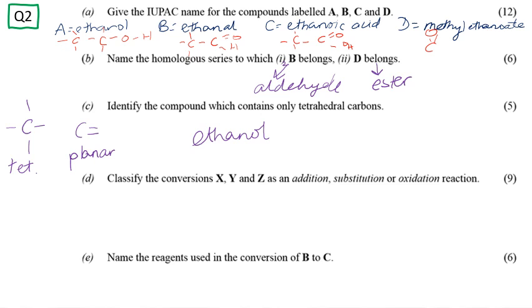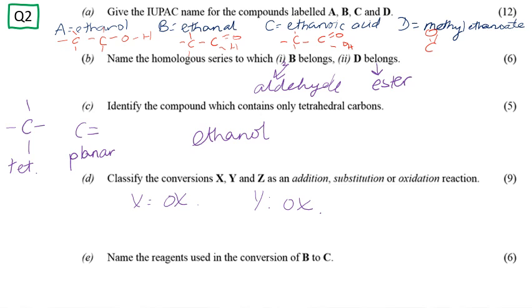Next, we also classified our conversions as addition, substitution, or oxidation, I suppose, other than the last one there. So the conversion from ethanol to ethanal, we said that is an oxidation reaction. Going from ethanal to ethanoic acid, that is also an oxidation reaction.